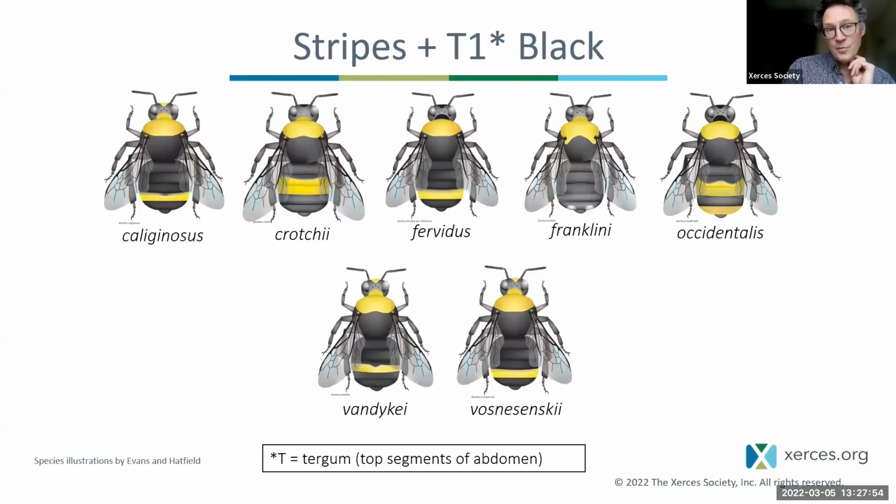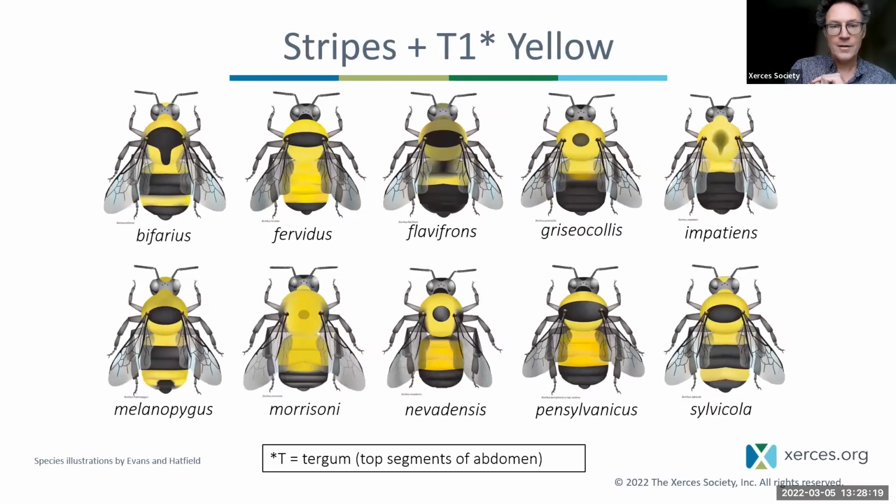Next, we'll get into bees that have various degrees of striping on the abdomen, but the T1, the first tergum, the first segment of the abdomen that's closest to the thorax, is black as opposed to being yellow. So scan across these images. That's the key thing you see: variable color patterns on the abdomen, and the first segment is black.